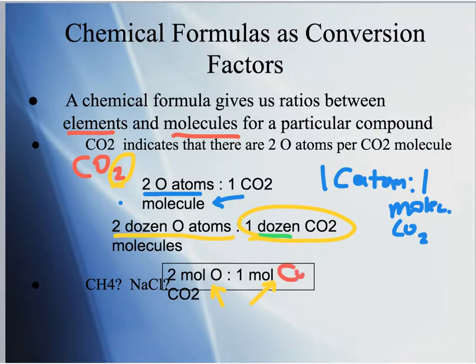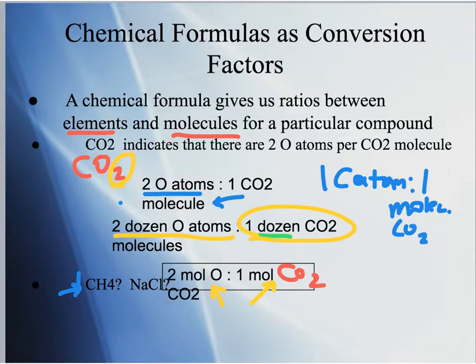Let's put the CO2 in the box again since it got moved by the program. These are going to be important conversion factors that we're going to be using while we are working through this chapter. So let's take a look at CH4.